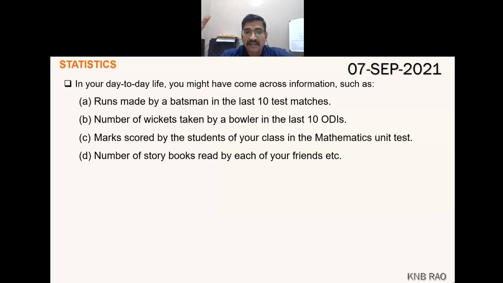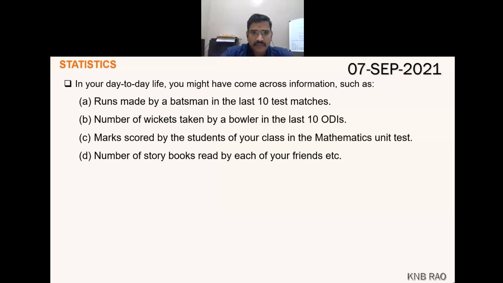Everything is analyzed based on the performance figures, and based on those figures they will take the decision where to use, when to use, how to improvise. So this is the day-to-day usage of statistical information.